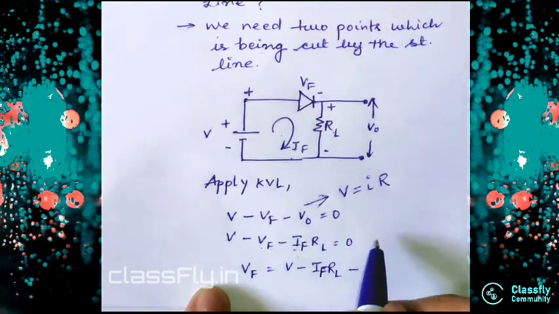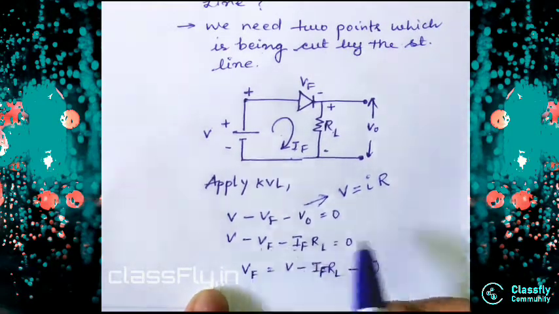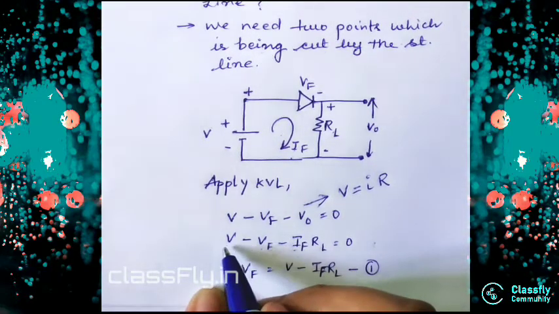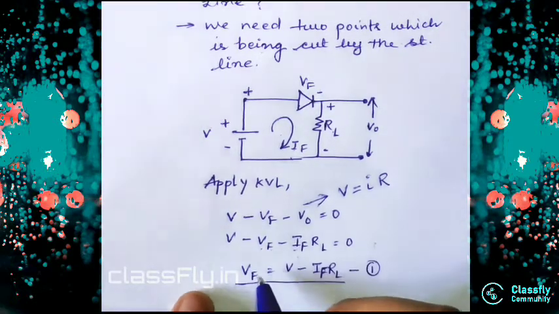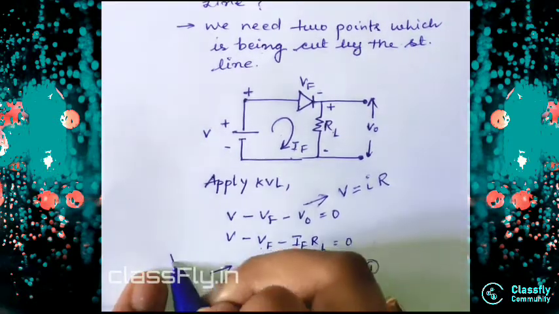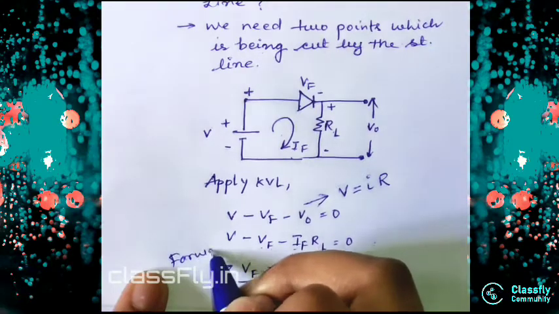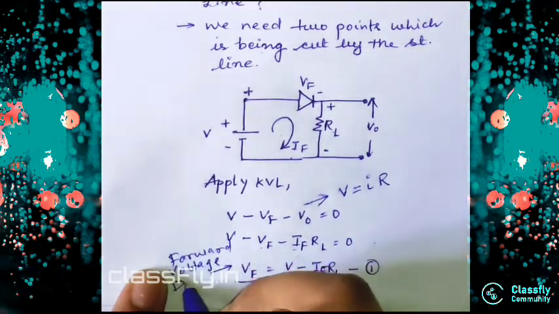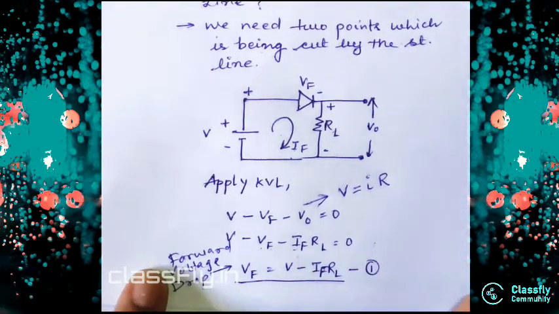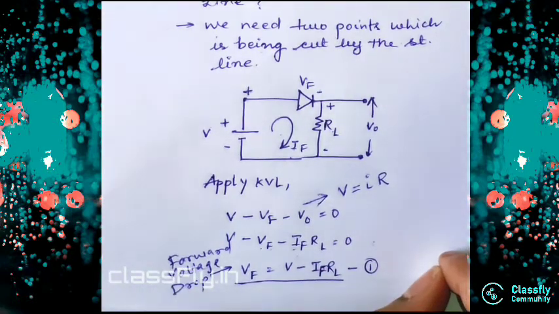If I move it to the other side, it will be positive, and what is left is VF equal to V minus IF RL. So this will be our first equation, because we have to find the forward voltage drop.